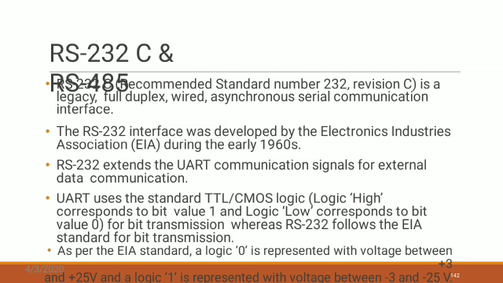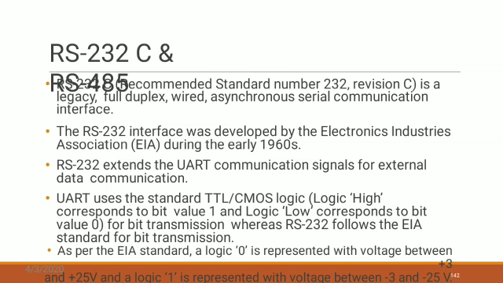The communication standard number 232 revision C is a legacy full duplex wired asynchronous serial communication interface. This interface was developed by the Electronic Industries Association, in short EIA, during the early 1960s. RS-232 extends the UART communication signal for external data communication. UART uses the standard TTL or CMOS logic.